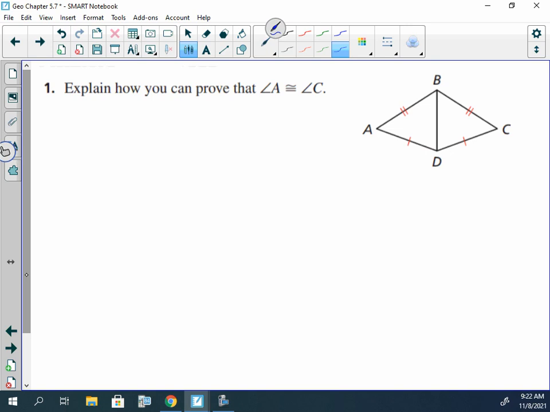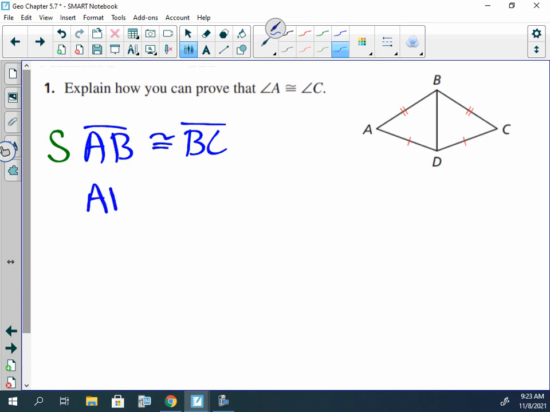So what do we know so far? AB is congruent to BC. This here is a set of sides, yes? AD is congruent to DC, and this here is another set of sides.